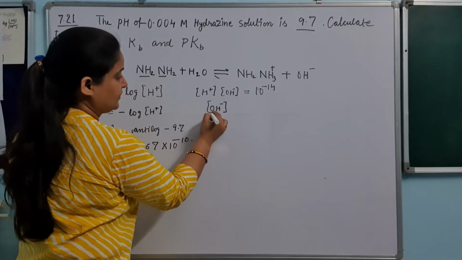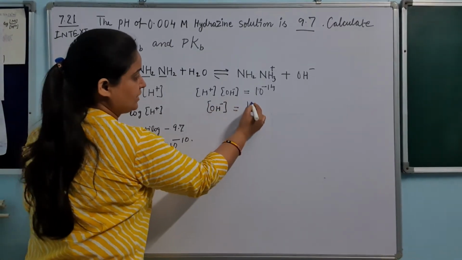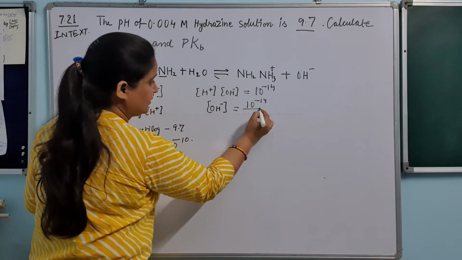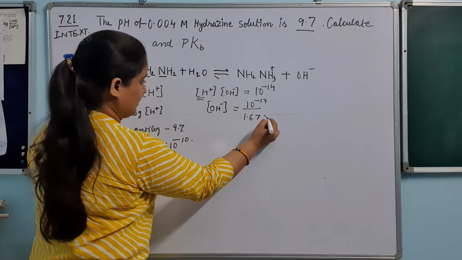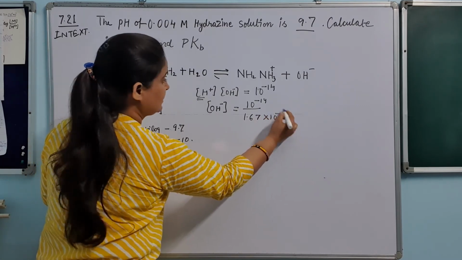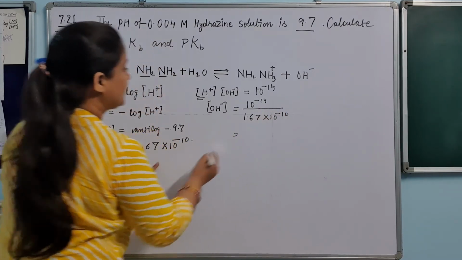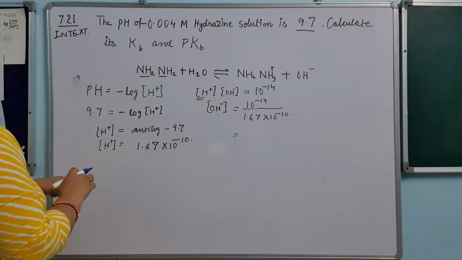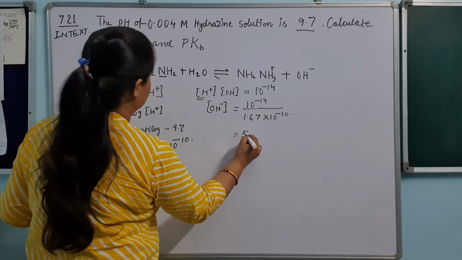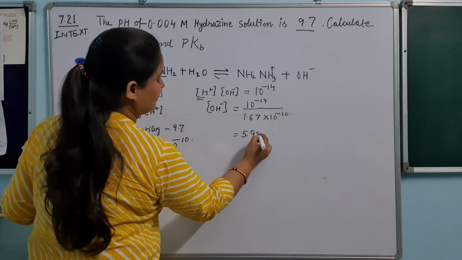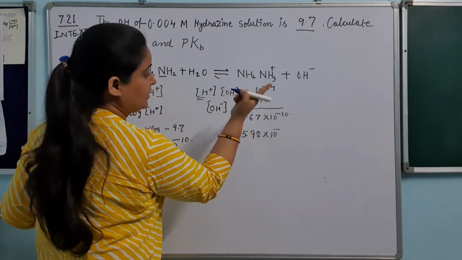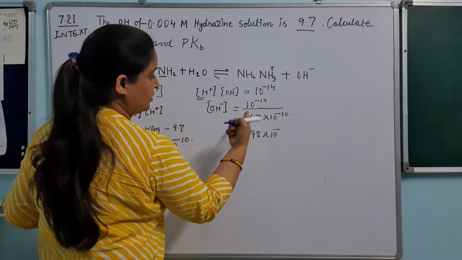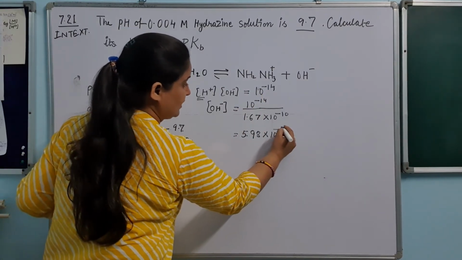So this is 10 raised to power minus 14 divided by the value of H plus, which is 1.67 into 10 raised to power minus 10. Okay, so when you calculate this, your answer will be 5.8 into 10 raised to power minus 5.